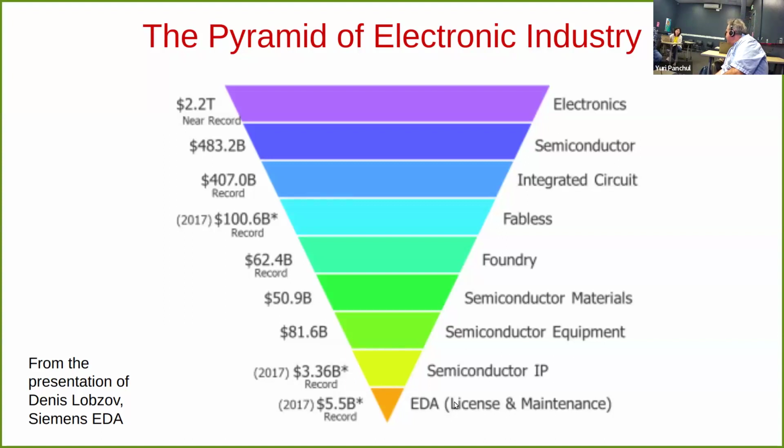It's 2% of semiconductor. Okay, so if semiconductor is 4 to 5 hundred billion, EDA is more like 8 to 10 billion now. Yeah, this is an absolute number.